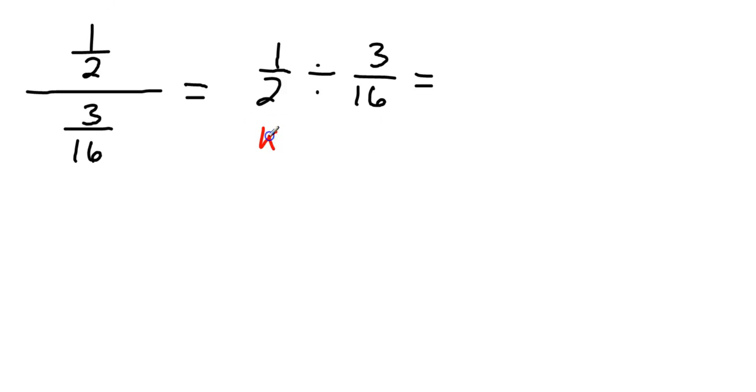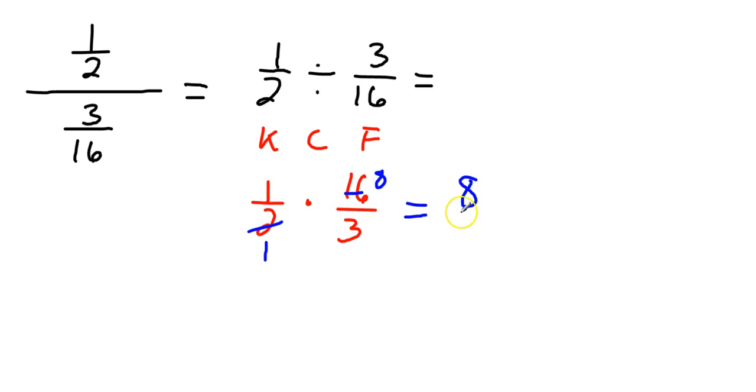So for that one again, if you keep it, change it, and flip it, now you've got 1/2 times 16/3. 2 and 16, you can divide both of those by 2. So you're left with 8/3. It's in simplest form, so that's all you got to do.